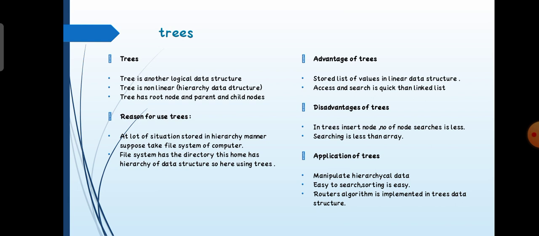What does a tree mean? A tree is another logical data structure. A tree is a non-linear and hierarchical data structure. A tree has a root node, and parent and child nodes.